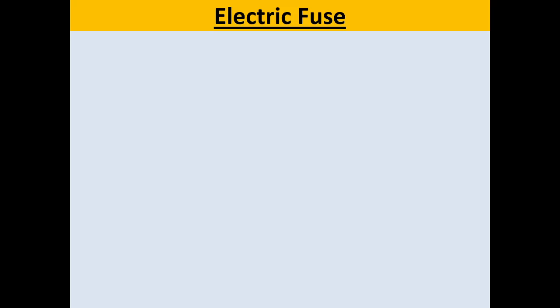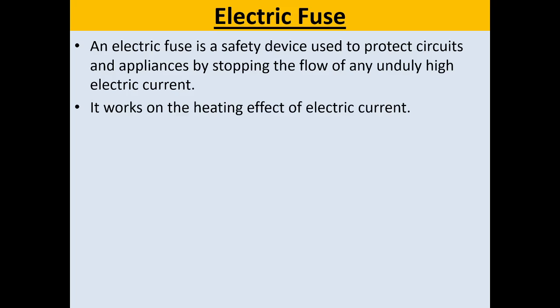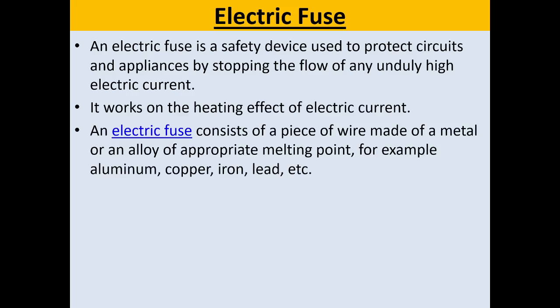Now let us study the working of the electric fuse. The electric fuse is a safety device. It is used to protect circuits and various appliances by stopping the flow of any unduly high electric current. Generally, the electric fuse works on the heating effect of electric current.